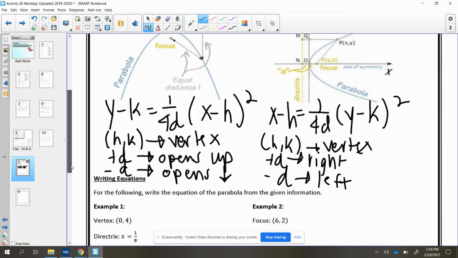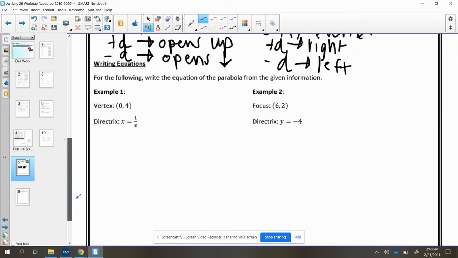Now, we talked a little bit about examples in the last lesson when we are given a focus and a vertex. Now we also want to be able to write these given a vertex and a directrix, and a focus and a directrix. And again, I recommend draw a picture. Draw a little picture to help you jot down your ideas. So our vertex, again, is our h comma k.